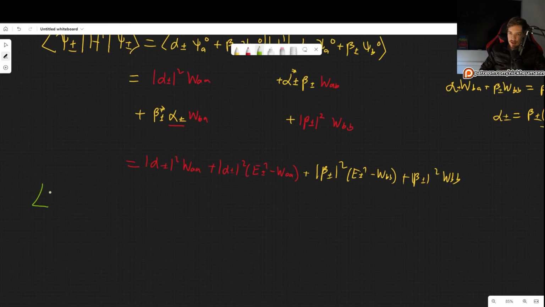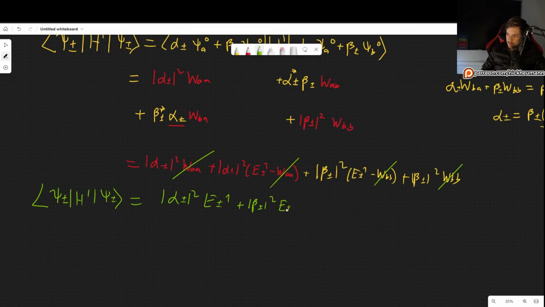So now notice what's going on. We have that this expression, psi plus minus H prime, sorry. This part cancels out with this, cancels out with this. So we have left alpha plus minus squared times E plus minus 1 plus beta plus or minus squared times E plus minus 1.